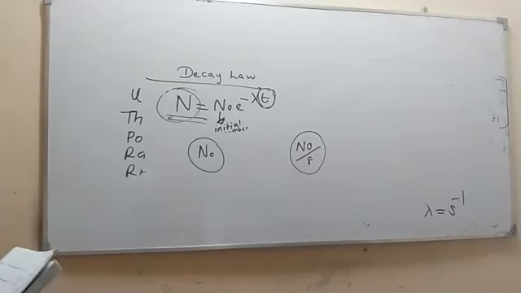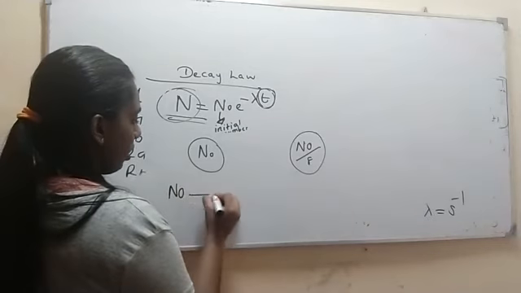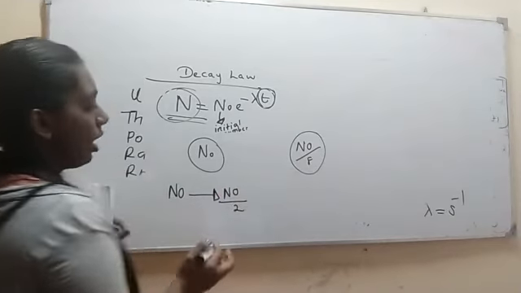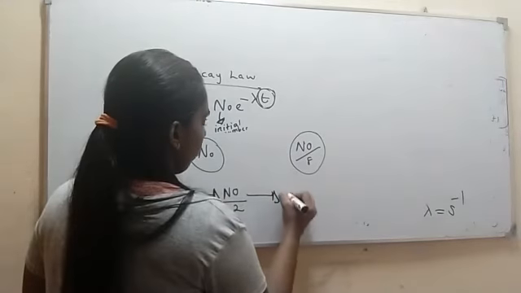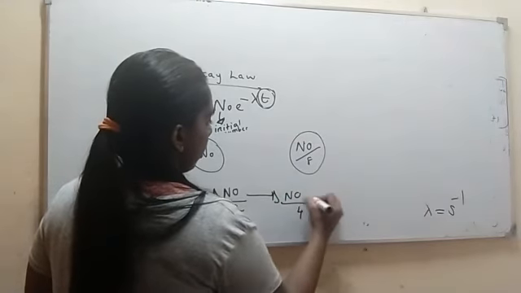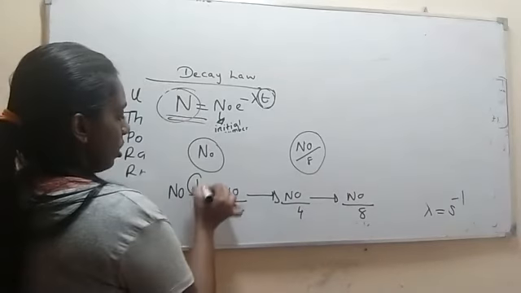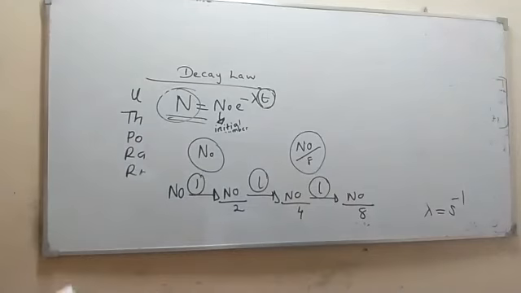Half-life cycle means the initial amount becomes half in a particular time. So initially n naught goes to n naught by 2. After that, n naught by 2 goes to n naught by 4. Then n naught by 4 goes to n naught by 8. There is 1 here, 1 here, 1 here. There are 3 half-lives. Okay?